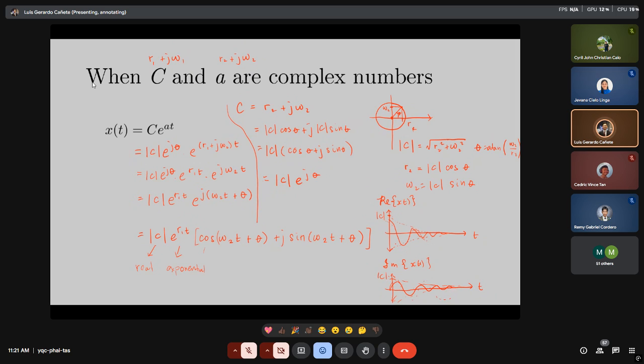So what you would get is just the same oscillating signal. It would oscillate back and forth. But of course, that is now multiplied by a real exponential, which means that the sinusoid, which could be the real part or the imaginary part, is either going to decay as we have seen here, or it's also going to grow exponentially.